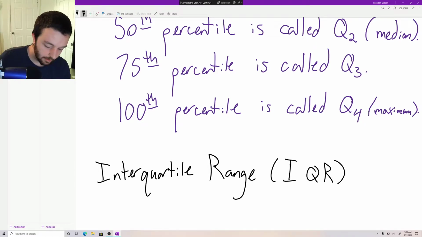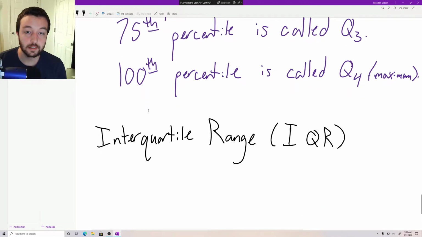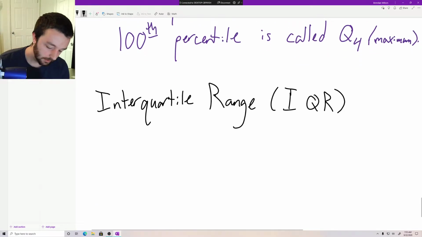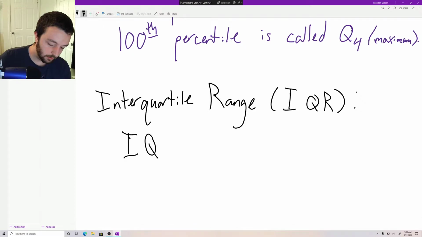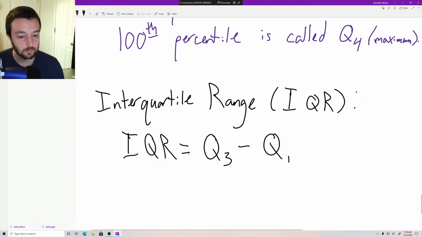Okay. So the IQR tells us how much of the data lies between the 25th percentile and the 75th percentile. Okay. So the way we would calculate that is by taking the 75th percentile Q3 and subtracting off Q1.